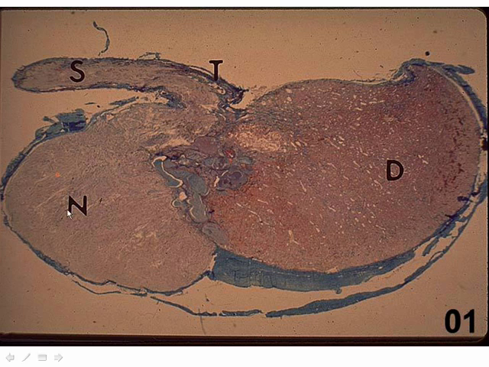To the left, the structure labeled N is the neurohypophysis, or the pars nervosa. It's also known as the posterior pituitary. The portion labeled S is known as the stalk, or the infundibular stem, and the region labeled T, which here appears as a very thin structure, is called the pars tuberalis.